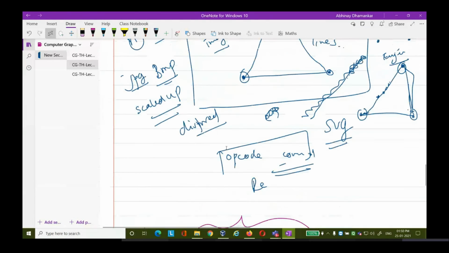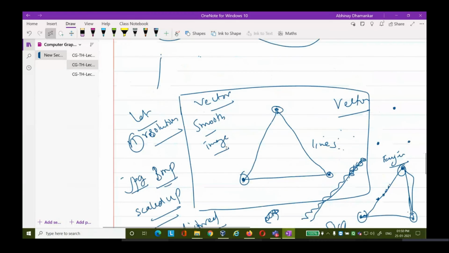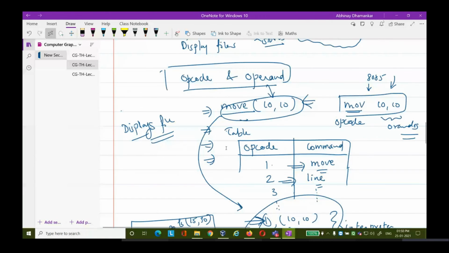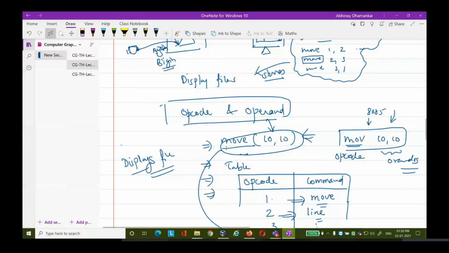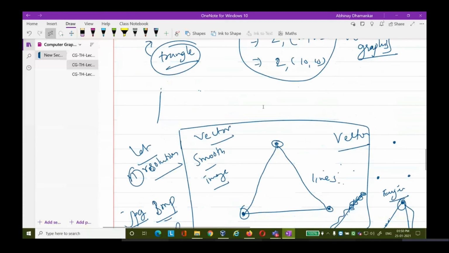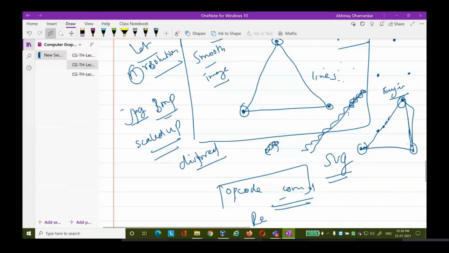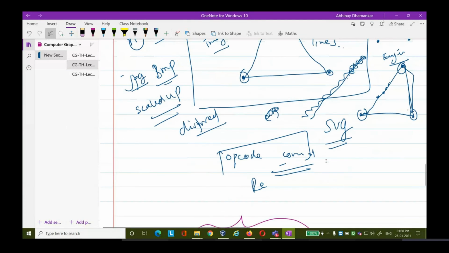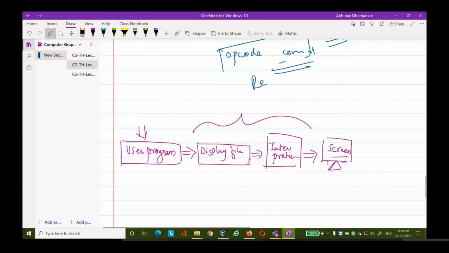So in today's session we have seen what a display file is and what it contains. It contains opcode and operand, and it is used for random scan display purposes, which is mainly used for high resolution graphics, SVG files and that kind of file generation.